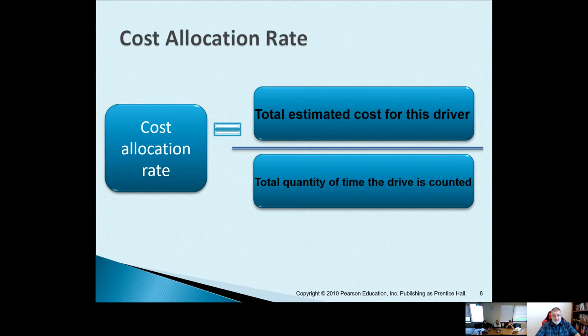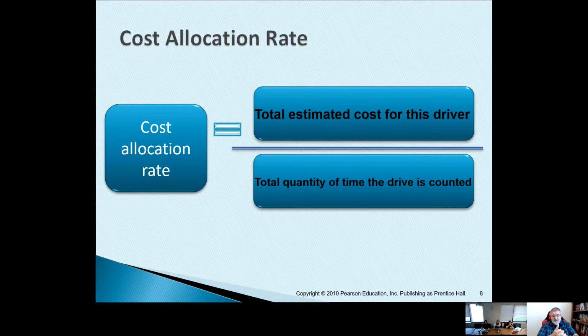You following me? Now we need to know what our cost allocation rate is. Let's say that in the month of January, we estimate he's going to move 5,500 pieces of material. Basically we're calculating what our cost is for each piece of material, because ultimately we're getting down to the cost to produce something specific. One of you pull out your phone and grab your calculator.